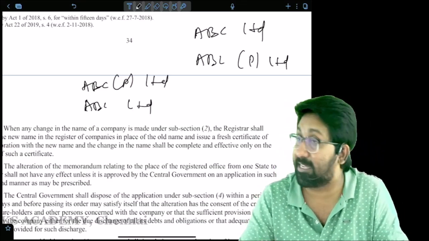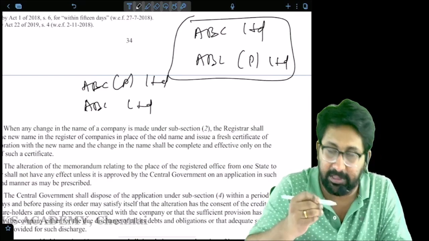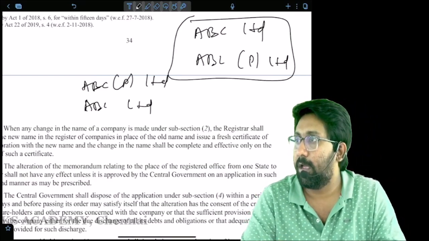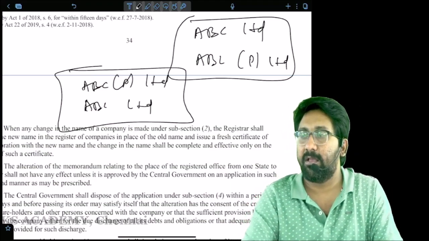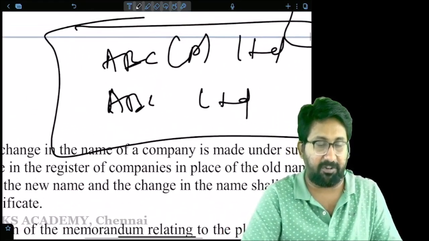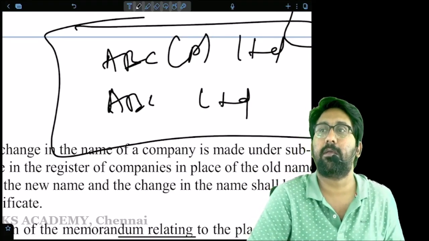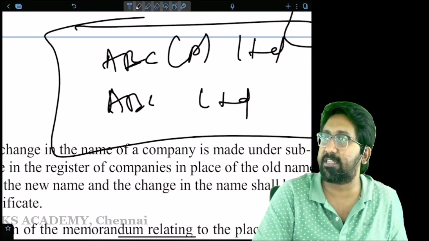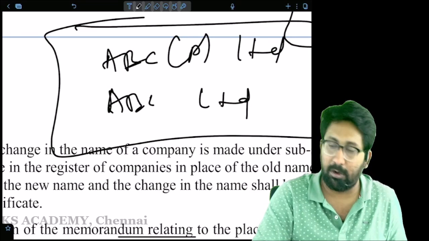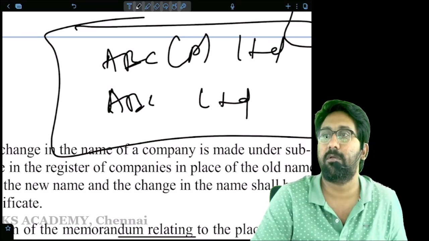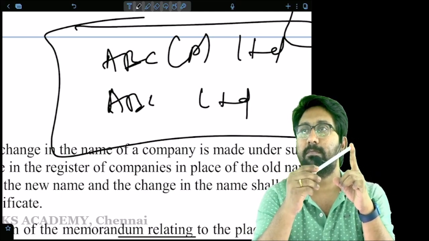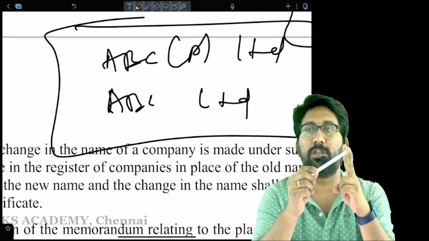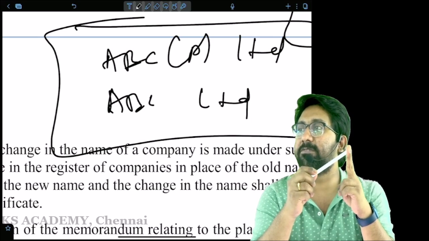Now everyone answer, what procedure do you have to follow in this? Sir, first tell me this, it is easy. I am asking you this question. First, which company is it in the beginning? Now it is converting into what? Now tell me, what procedure do you have to follow? First the idea should come to the board, later they should go to the general meeting and pass which resolution?